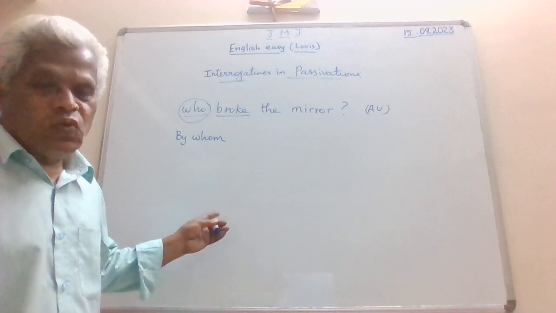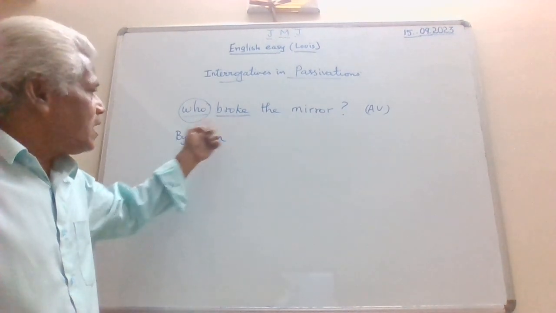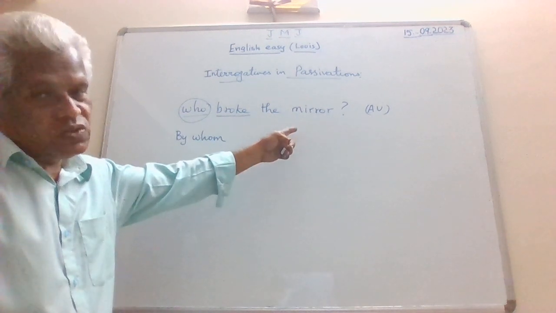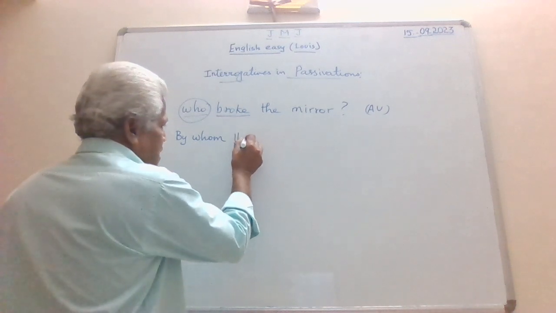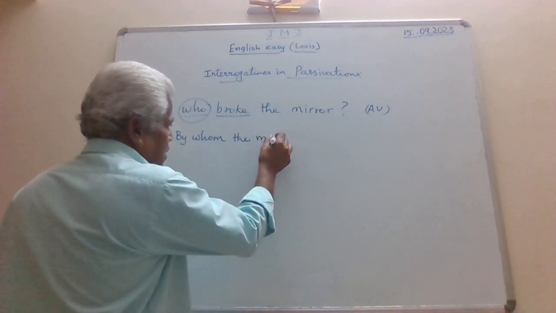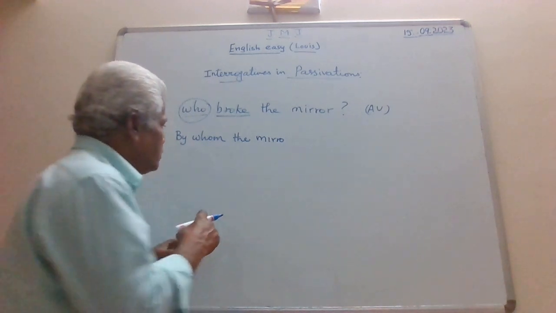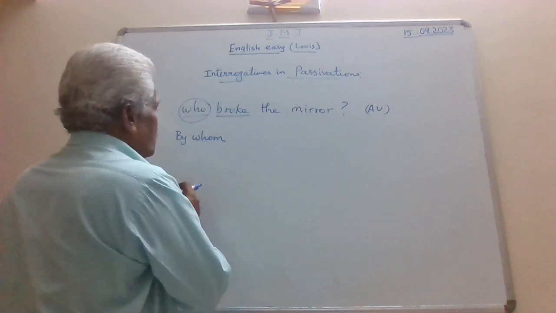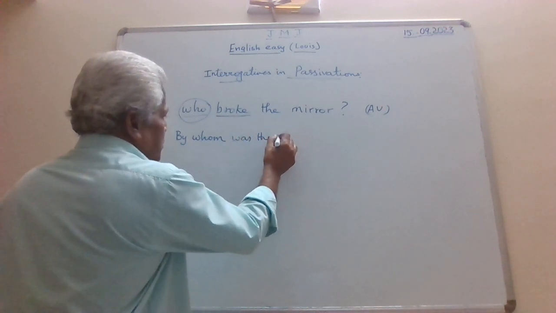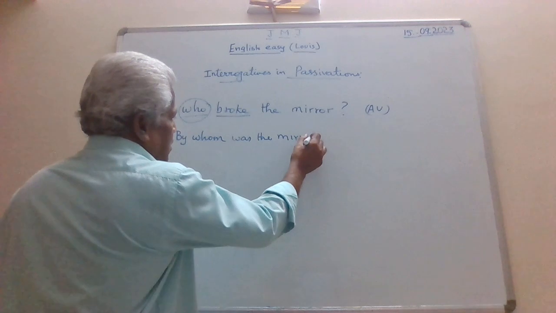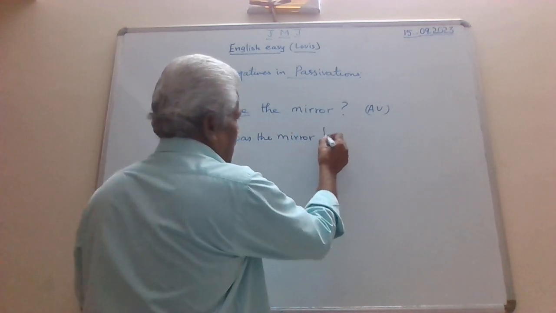So after writing whom, we need to write the subject. Now what is the subject here? Remember the rules, the mirror. So by whom the mirror, by whom was the mirror broken?